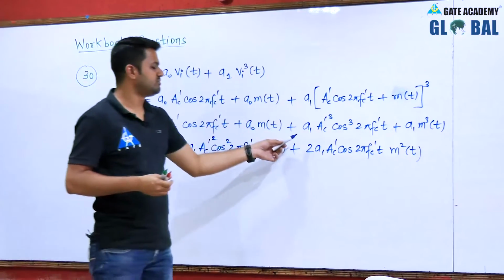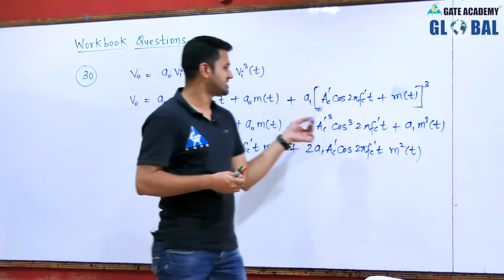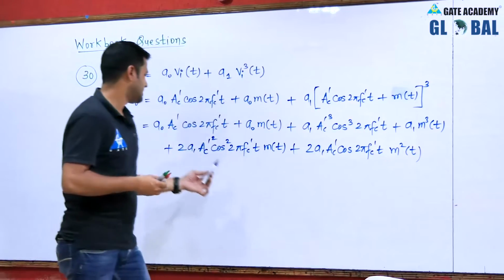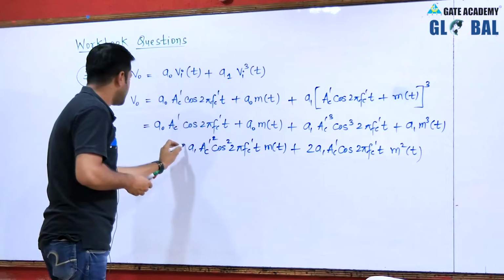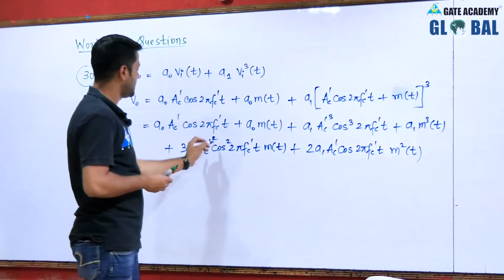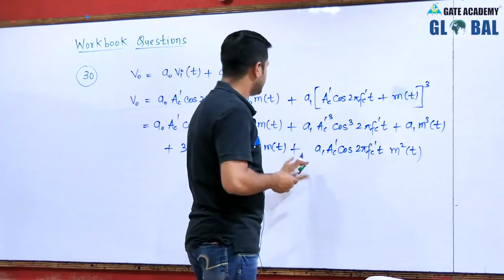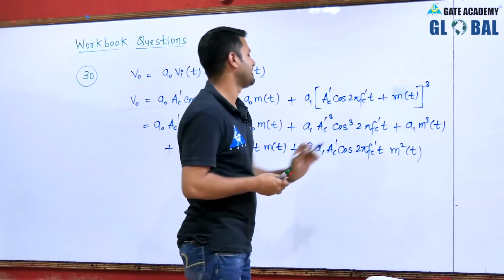This is A^3 plus B^3 plus 3A^2B plus 3AB^2.